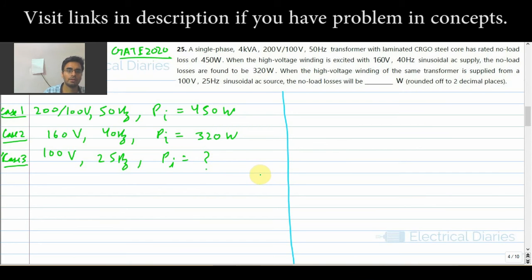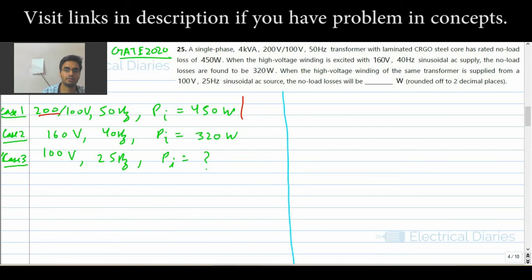Okay, so in every iron loss question, one thing you should remember is that you first have to check the V by F ratios. Here we are exciting the high voltage winding, so here also we will consider the high voltage winding voltage. Don't confuse in this thing. So check for this.